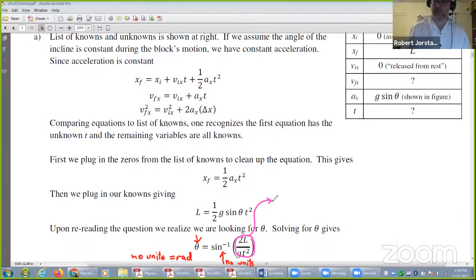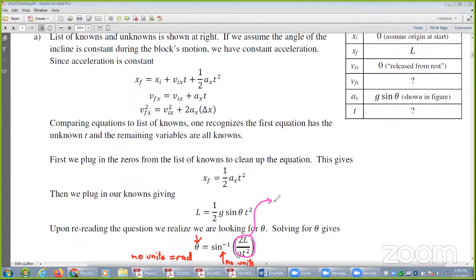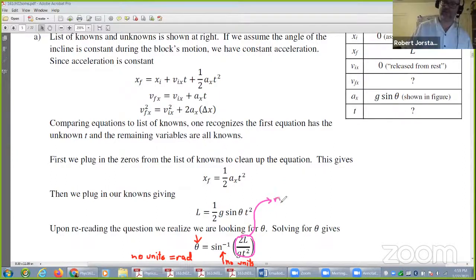You could say radians. Actually, let me think here. I think it's just no units in this case, but basically no units or radians would be the same, but we definitely don't want to say degrees. The reason why is ultimately we may want to do calculus on this stuff, and if we did calculus on it, we want everything in radians. If you're doing calculus with angles, you've got to do radians. That's just the way it is. More on that some other time.